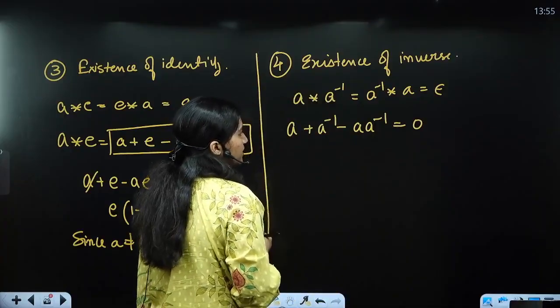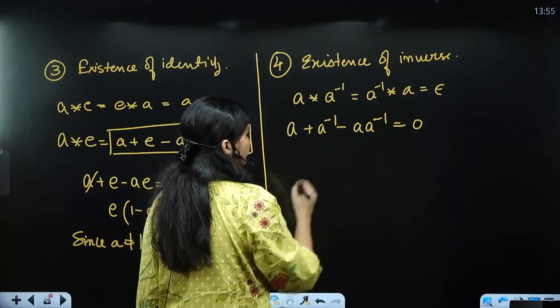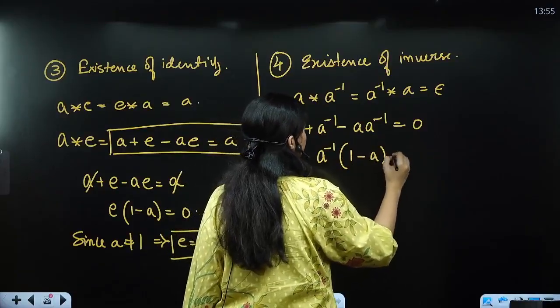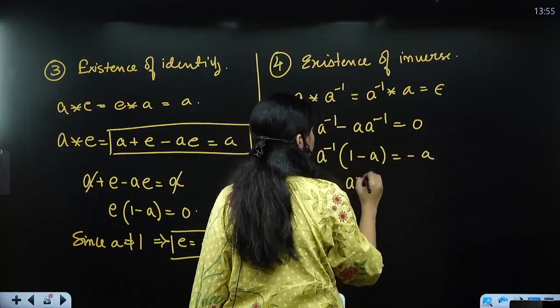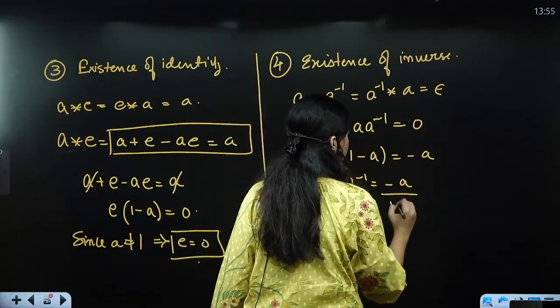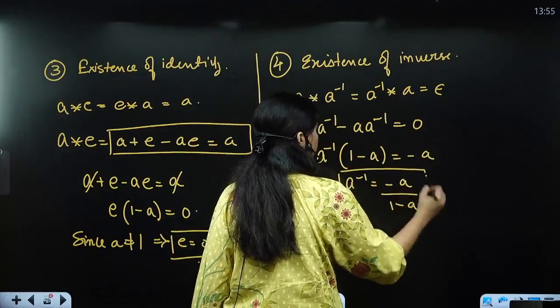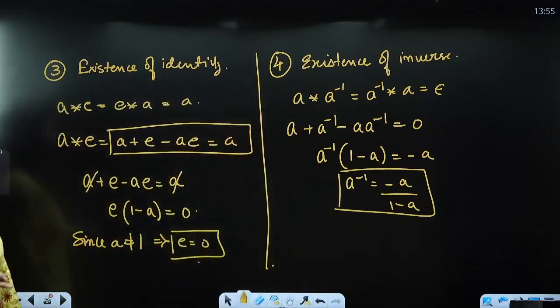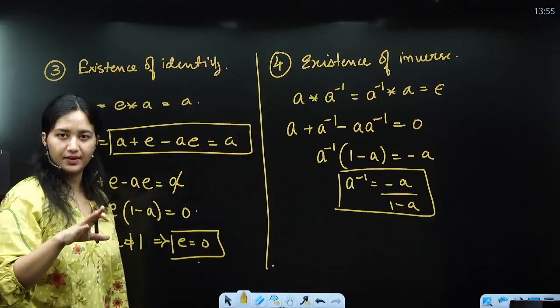So we have to find out the value of A inverse from here. So A inverse common, 1 minus A equals minus A. So A inverse is going to be minus A upon 1 minus A, or you can write it as A upon A minus 1. Clear?